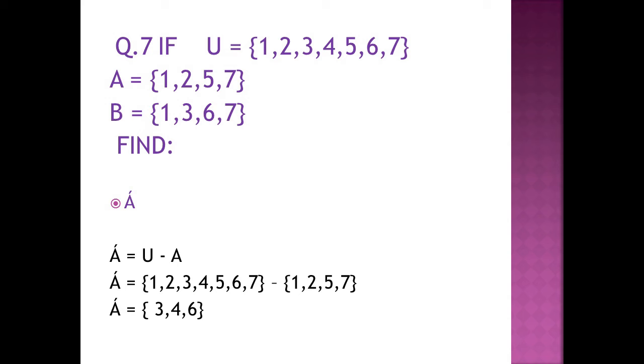I have 5 in both of the sets, I will not write 5 in the complement of the set, it will be cancelled. I have 6 in the first bracket, I will write 6 in the complement of the set. I have 7 in both of the sets, I will not write 7 in the complement of the set. A complement is equal to {3, 4, 6}. This is the answer of A complement.